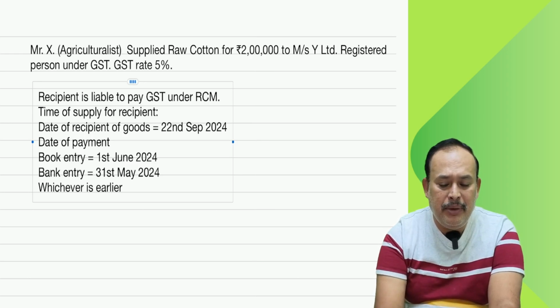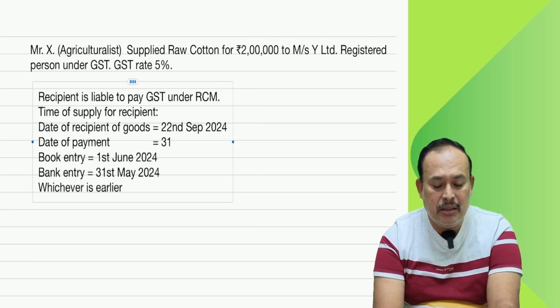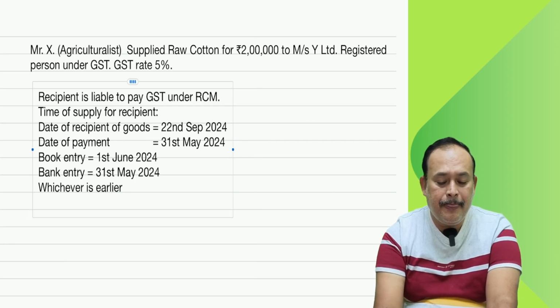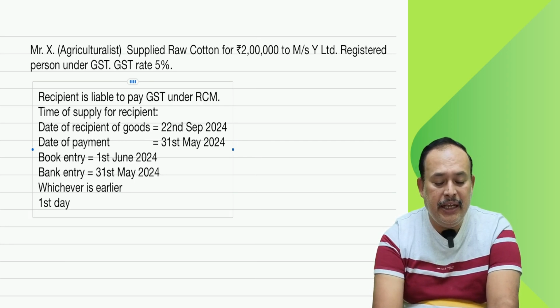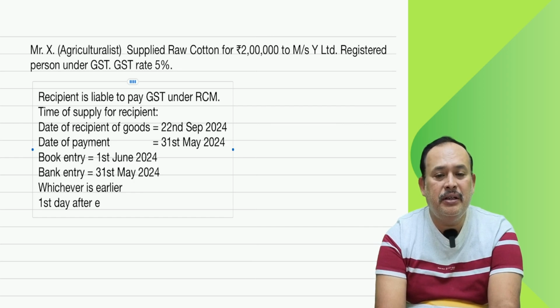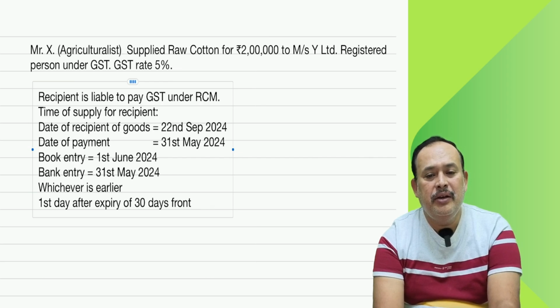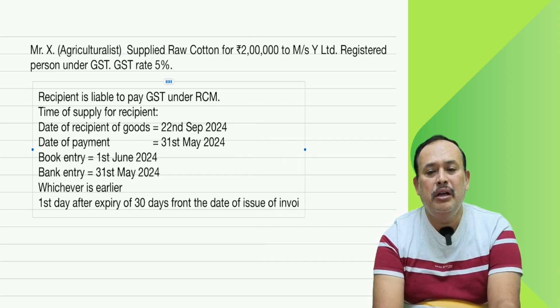If date of payment is the case, which is earlier, you are aware of that, which is 31st May 2024. Now further, 3. The first day after expiry of 30 days from the date of issue of invoice.